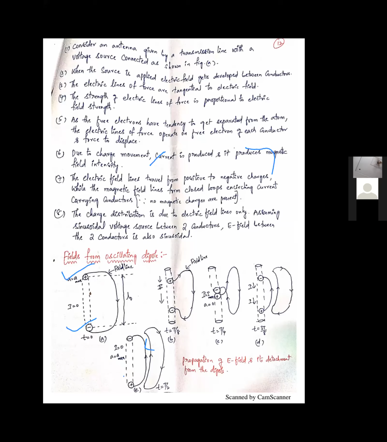You can see here, one is represented as a positive charge, another as a negative charge, with a separation of L0 between them. Let us suppose at time t equal to 0, the separation between the dipoles is maximum. Here the field line indicates the electric field always travels from positive to negative only. You can see the arrow mark here.